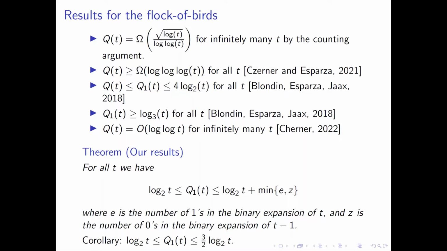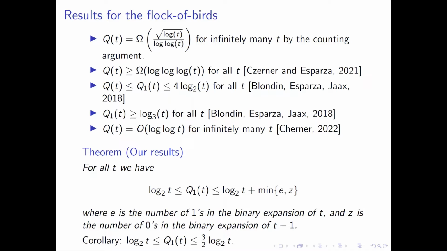And also in the same paper, Blondin, Esparza, and Jaax have shown that Q1 of t is at least log of t base 3. But this is only for Q1 of t. So for one-sided population protocols, the gap between the upper bound and the lower bound is just some constant multiplicative gap.